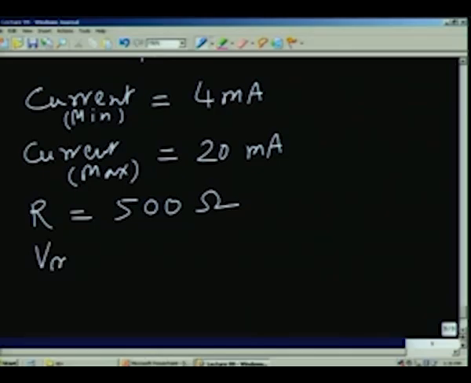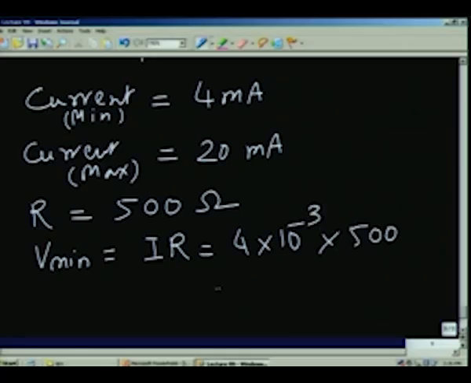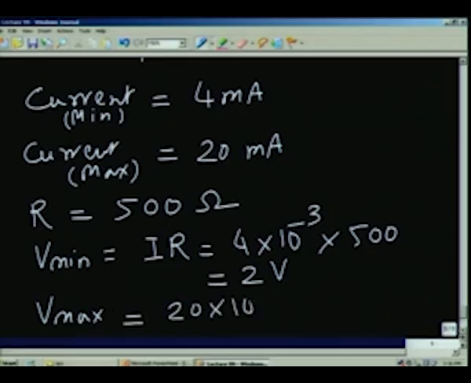Voltage minimum is simply IR, 4 into 10 to the power of minus 3 into 500, which gives 2 volts, and V maximum corresponds to 20 milliamperes, which gives 10 volts.